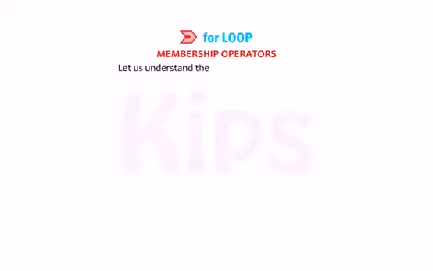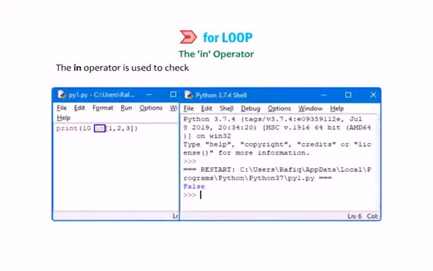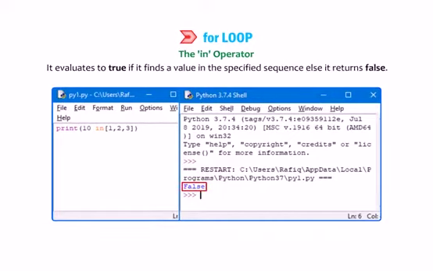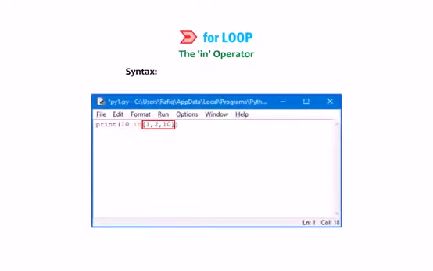Let us understand the in membership operator. The in operator is used to check if a given value exists in the sequence or not. It evaluates to true if it finds a value in the specified sequence, else it returns false. Syntax: value in [sequence].